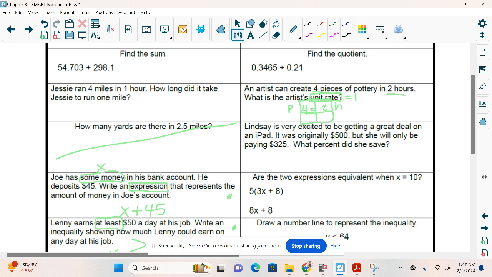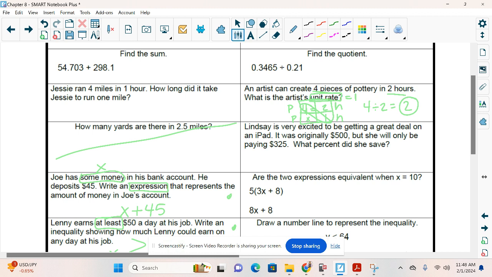If we want to know how many pieces they can make in 1 hour, when you cross multiply and divide, you end up with 4 divided by 2, which equals 2. So the unit rate is 2 pieces per hour.